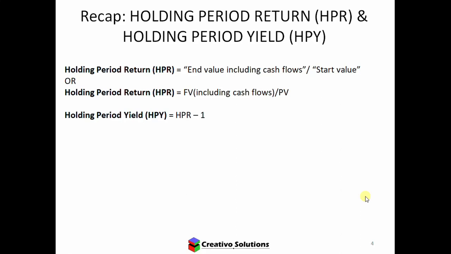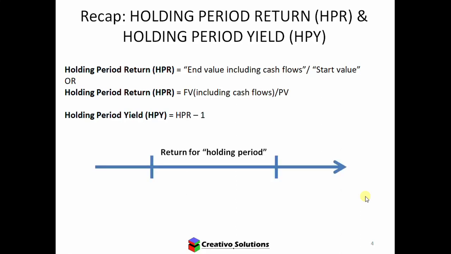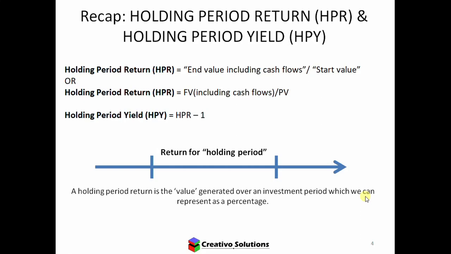So when we're looking at holding period return, just remember, it's always looking at your end value, including all the cash flows that you would have received, divided by the start value or the investment value. And if we're looking at the yield, we're going to be looking at that as an interest rate, so as a percentage, like an interest rate. Right, so return for the holding period will always be over a period of time, and when looking specifically at the value that's being generated over that investment period, we're going to view that as a percentage. That will obviously be the yield.